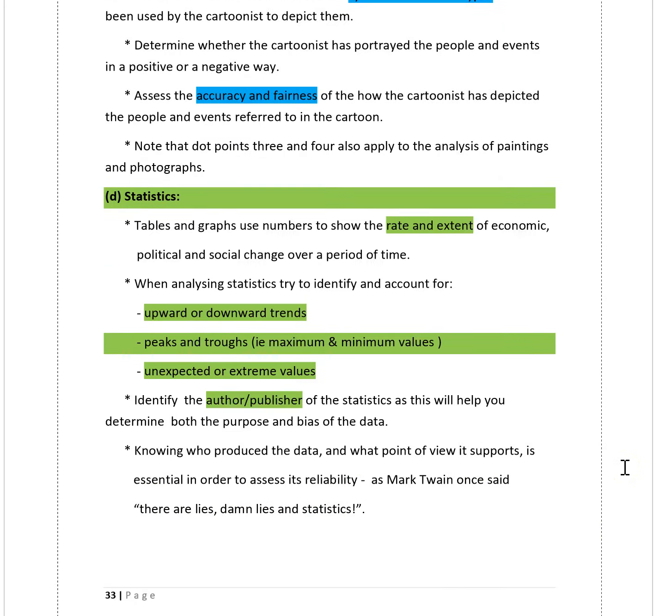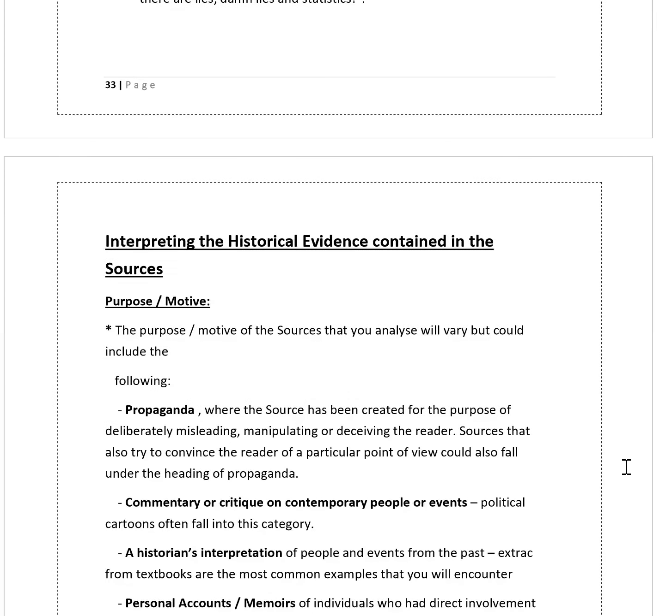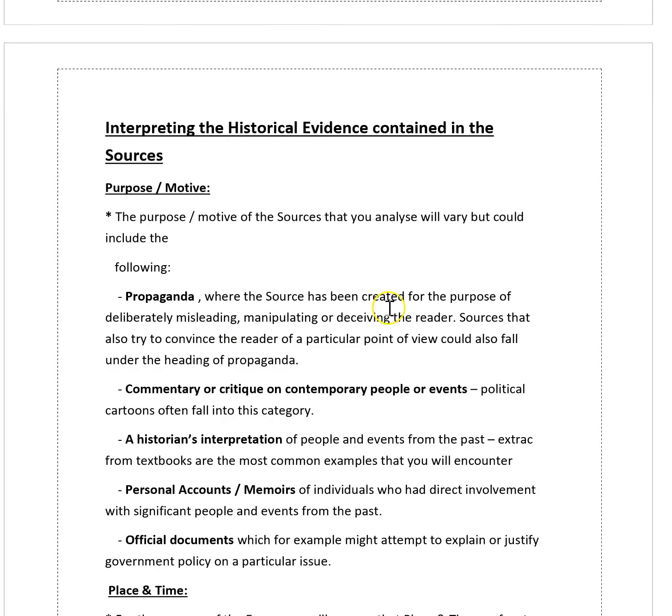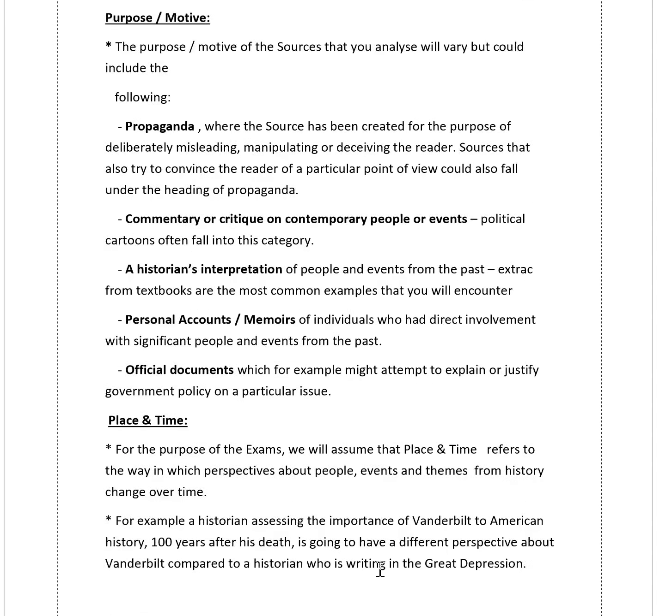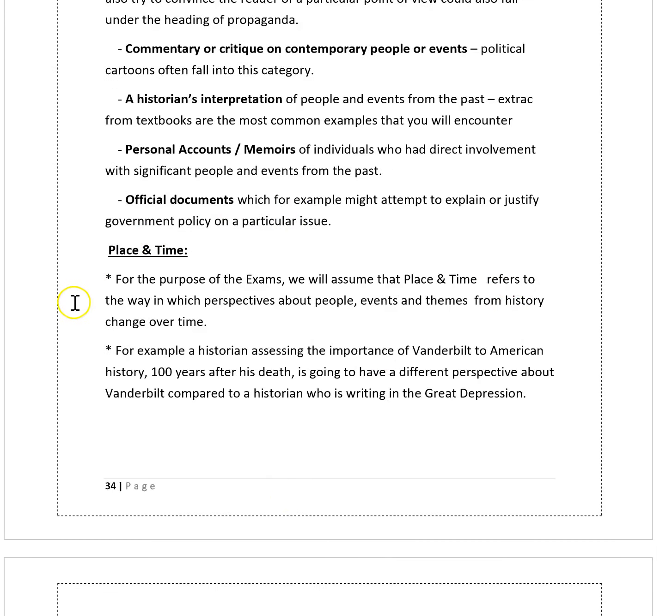They can be manipulated and have been in the past. So look at things like purpose and motive. Propaganda is to mislead. Commentary is interpretation. It's having a look at direct involvement, explain, justify, place in time.